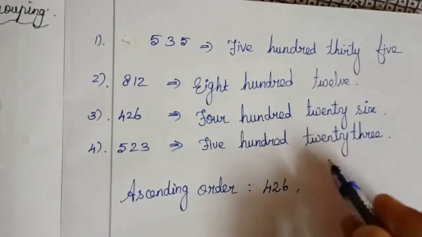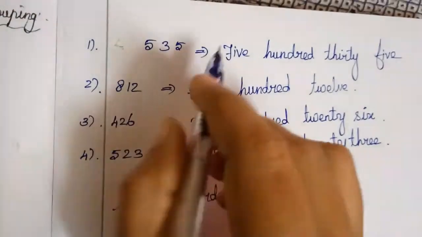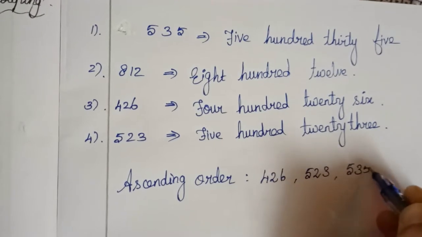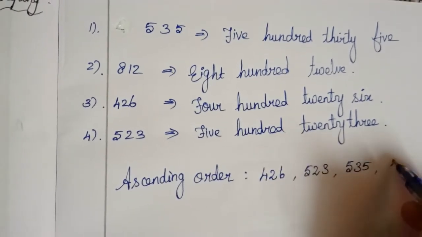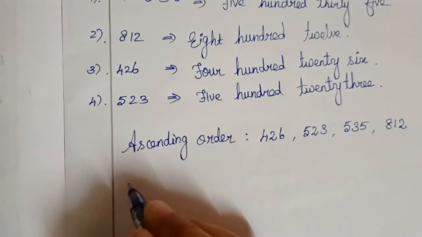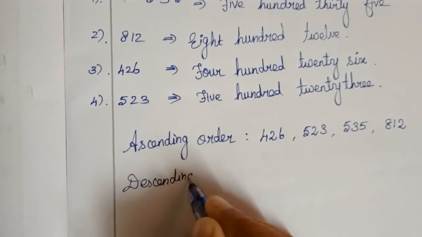So 2 is smaller. So the next small number is 523, then 535, and the last one is 812.